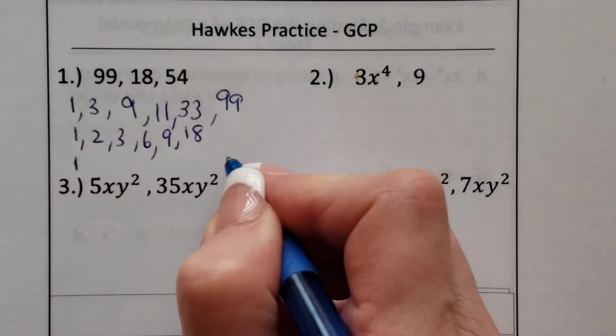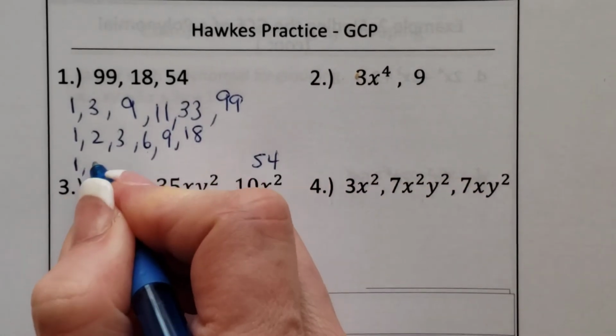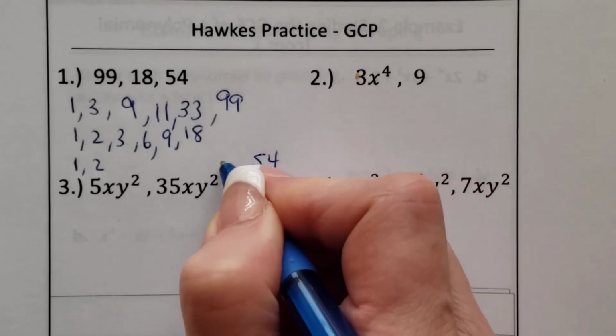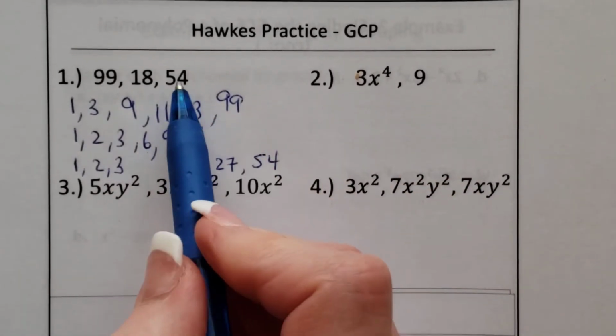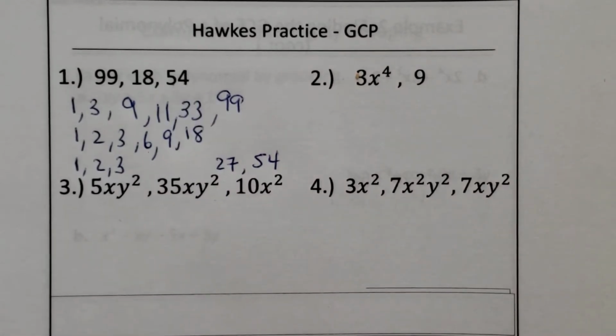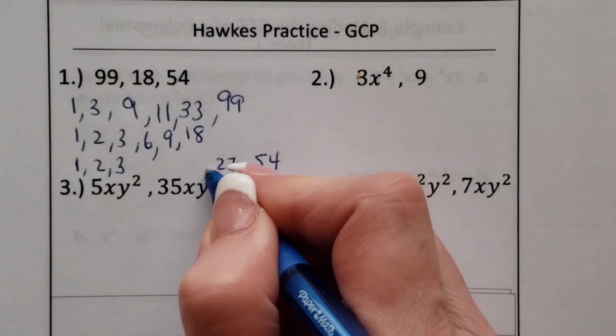All right, 54 is 1 and 54. It's even, so I know 2. 2 times what? 27. I know 3 is because 5 plus 4 is 9, and 9 is divisible by 3, which means 54 is divisible by 3. So in my calculator, I'm typing 54 divided by 3, and I get 18.